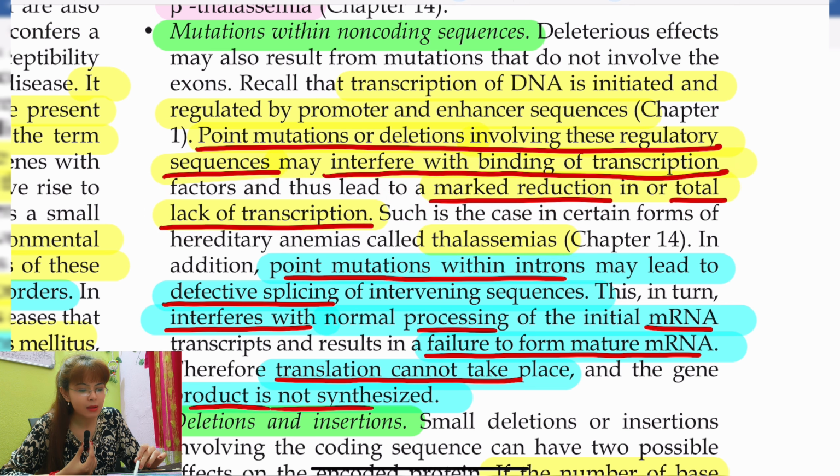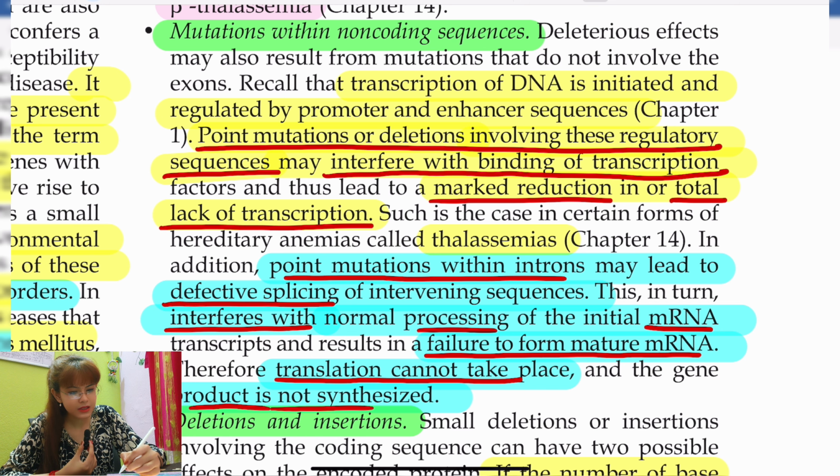Number two, sometimes point mutations also happen within the introns, and that leads to defective splicing of the intervening sequences. This interferes with the normal processing of the mRNA, right? And that causes a failure of the mature mRNA. The mRNA will not be able to process and function properly, translation will not take place, and the protein will not be synthesized, okay?